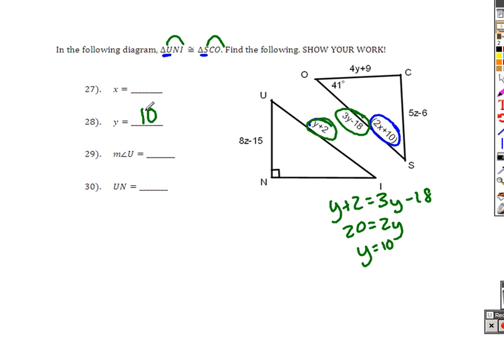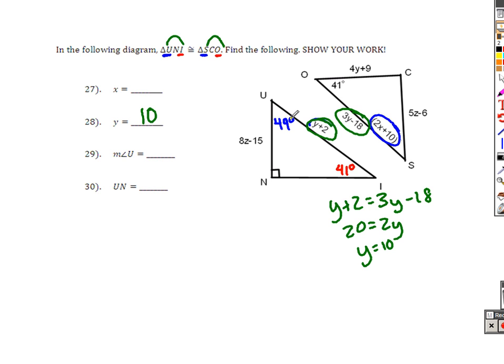Now, as for finding what these angles are, let's first look. If we know angle O is 41 degrees, O goes with I. So I can make this 41 degrees. Because of that, I now know I have 41 degrees and 90 degrees. That means I can find what angle U is from there. 41 plus 90 gives me 131, which means that this last one should be 49 degrees.